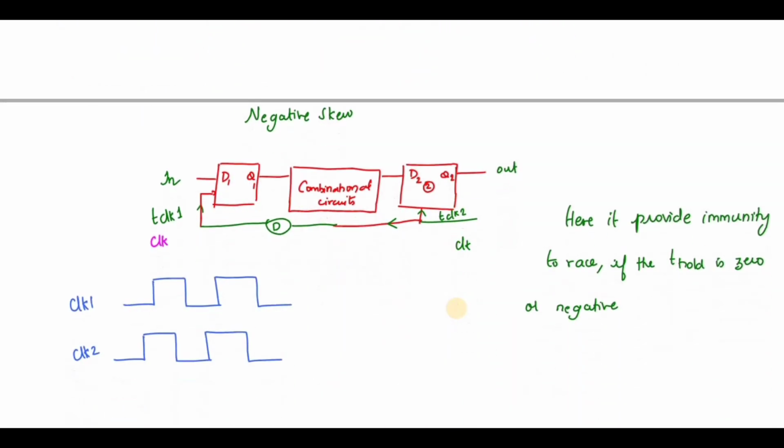Okay, so next let me go for the negative skew. This is a block diagram of the negative skew. You can see the T clock 1 is delayed when compared to T clock 2. So this is my diagram, and you can write this as 1.